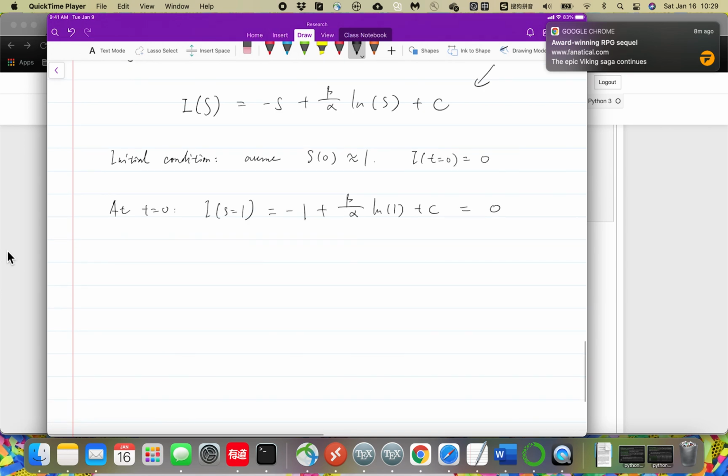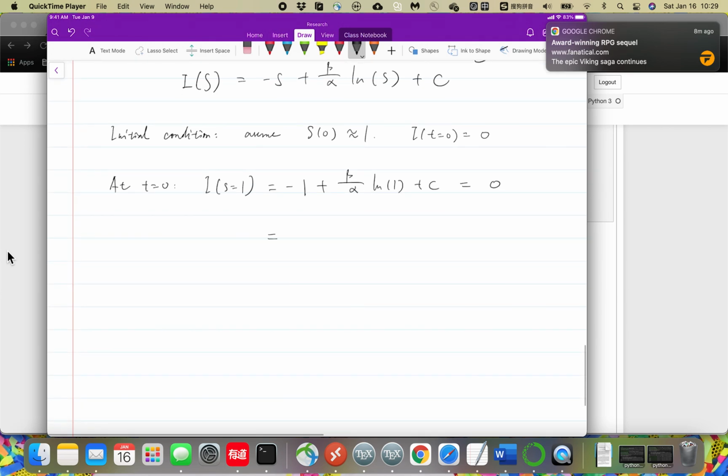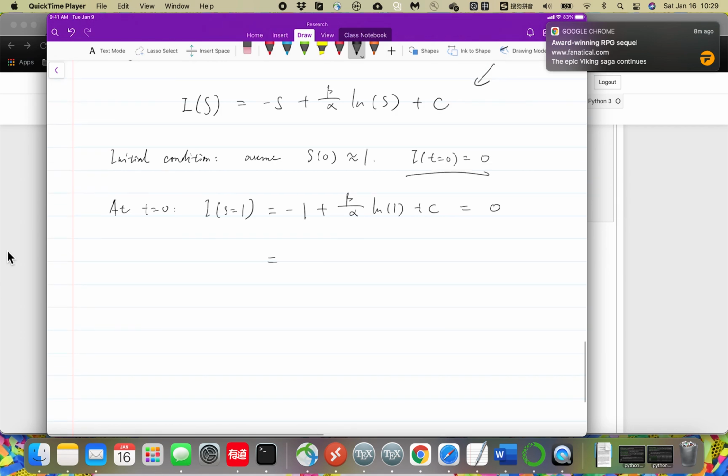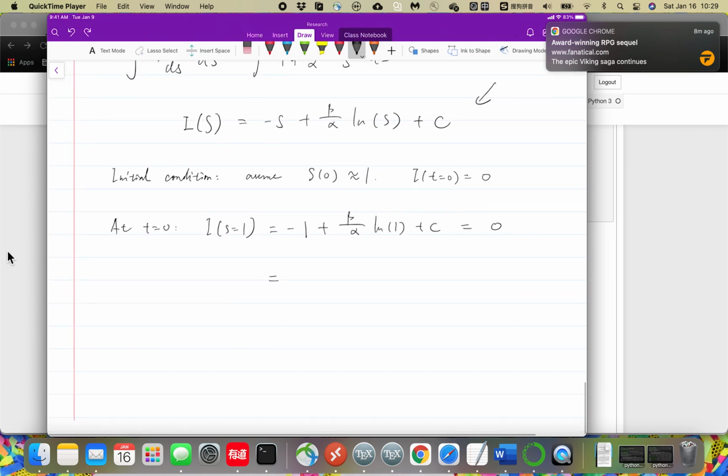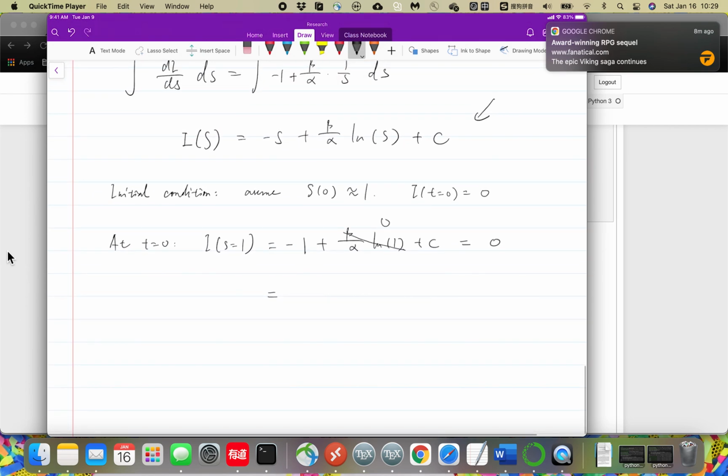In case you become confused, here I mean I as a function of t, but here I mean I as a function of s. So this is 0. You have c equals 1.